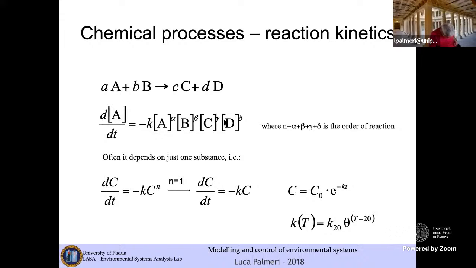You may anticipate that reaction kinetics are accounted for by the constant of reaction K. All the theoretical basis on which we build our models of chemical reactions is that of the law of mass action. You should have already heard about that.